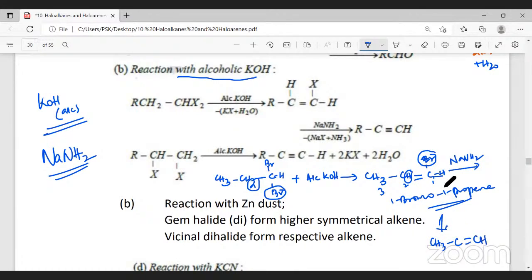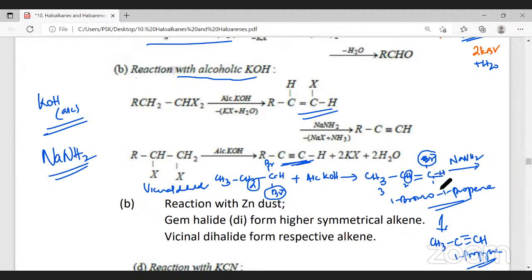But since bromine and hydrogen are eliminated, the product formed will be 1-propyne. Similarly here also it is 1-propyne. And here, with two vicinal dihalides, when you react directly with KOH, you get an alkyne. So there is no need to use soda amide. Alcoholic KOH is enough to bring about dehydrohalogenation in the case of vicinal dihalides.